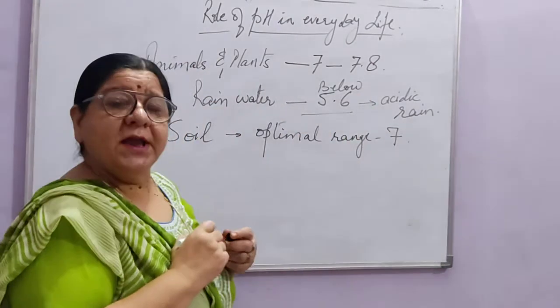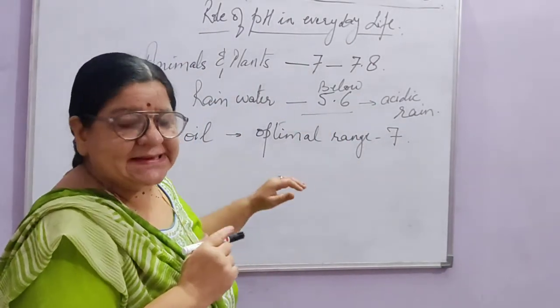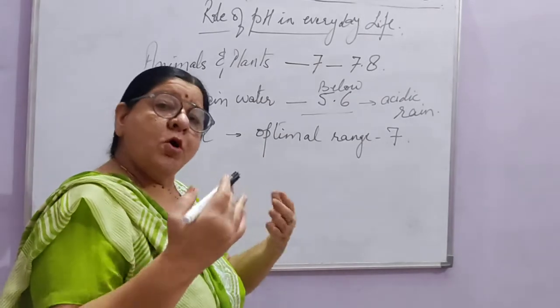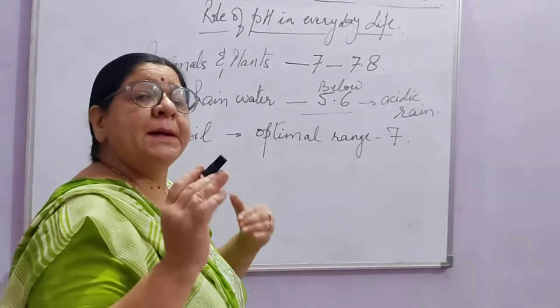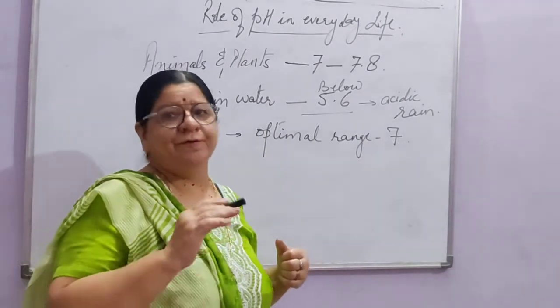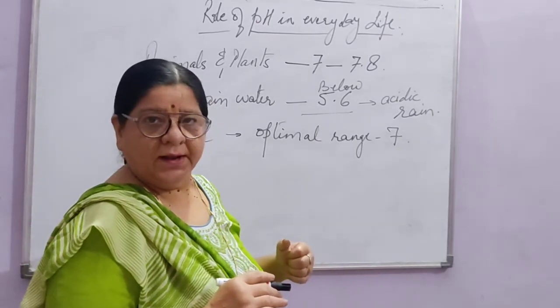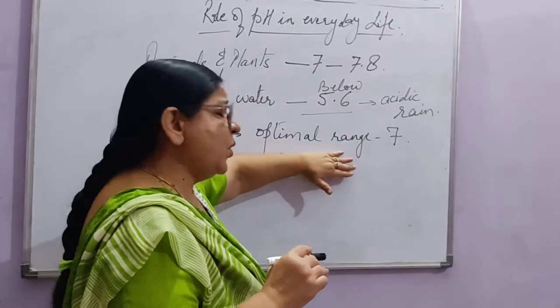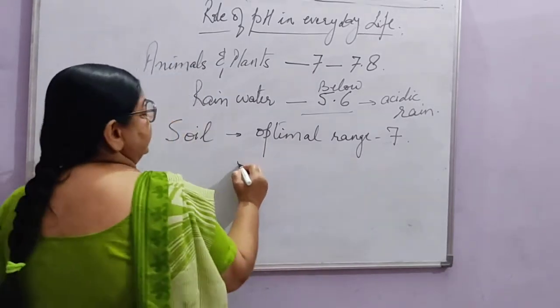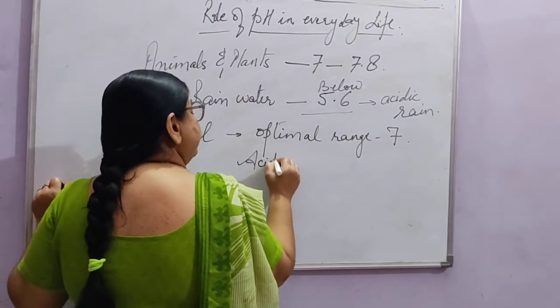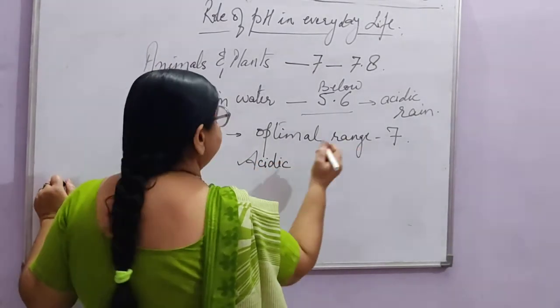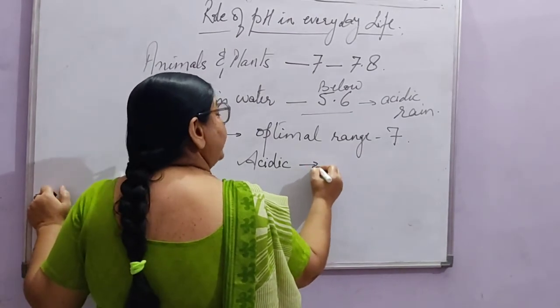If the soil is more acidic or more alkaline, the plants will not grow well in this kind of soil. Then what is done? If it is more acidic, that is, if the pH range is below 7, what is added to it?